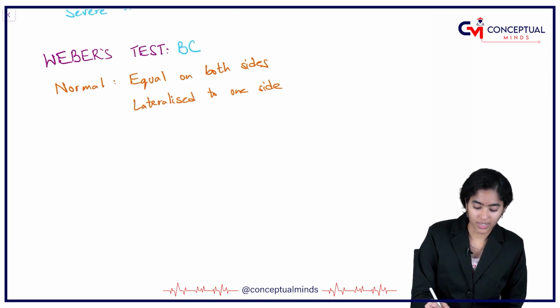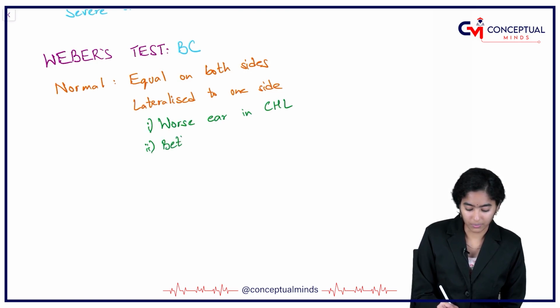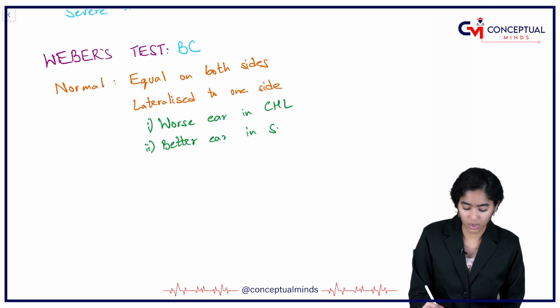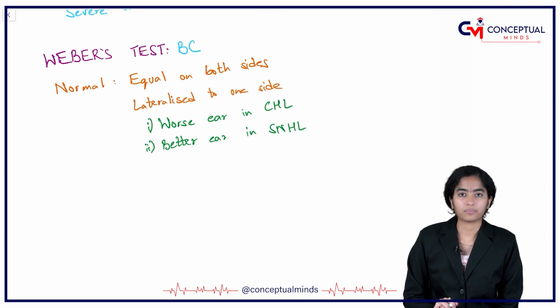Lateralization happens in two scenarios. One is, it is lateralized to the worse ear in conductive hearing loss, and it is lateralized to the better ear in sensorineural hearing loss. Let us understand what these statements mean.